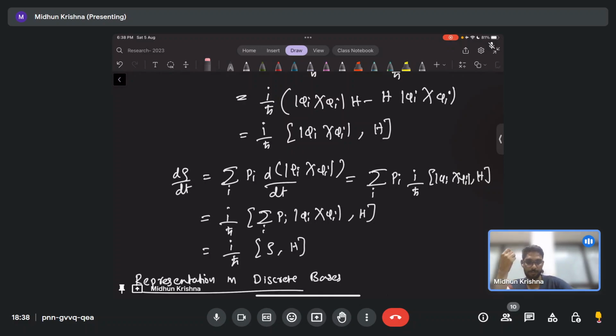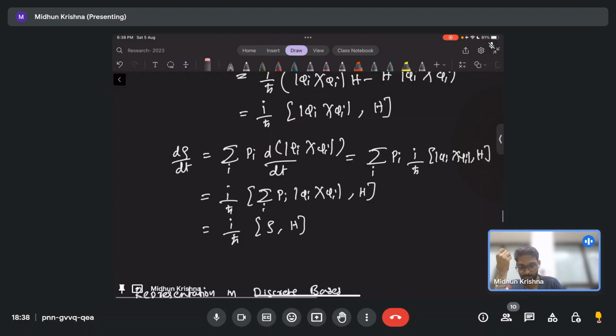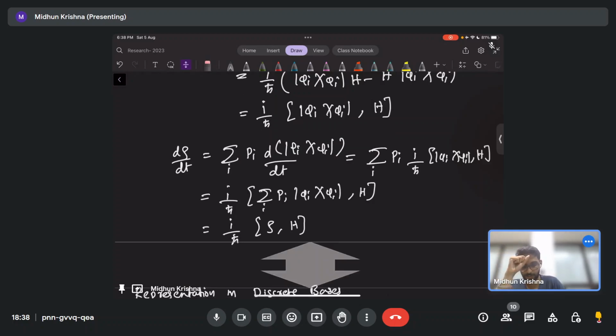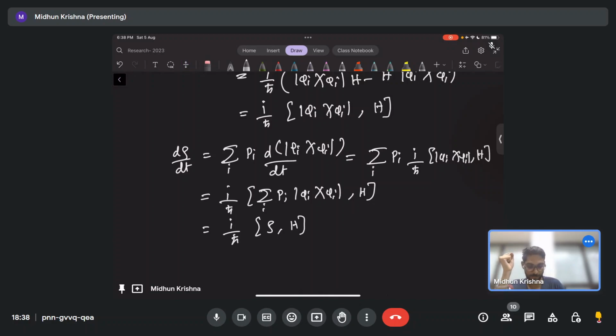Oh no, I have not. Okay, sorry, my bad. It's correct. There's no sign mistake. I usually remember this formula in this form: minus i by h squared, h comma rho. This is because a comma b is equal to minus b comma a. So I remember this form of the formula, but that had a minus.